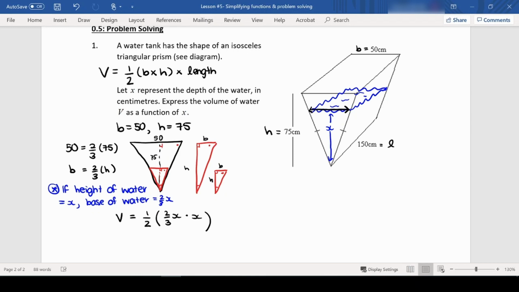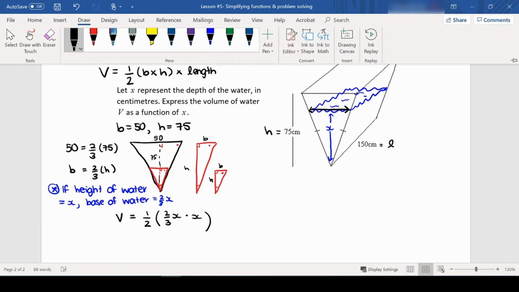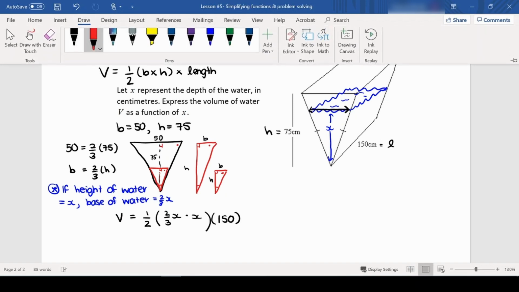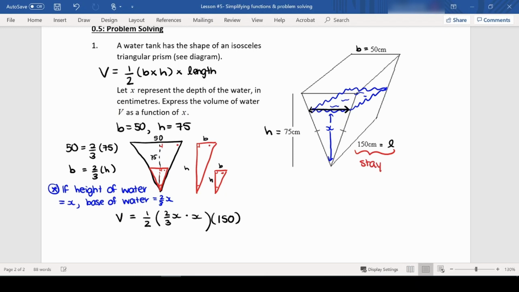My base of my water must be 2/3 of the height. And then the length of this thing stays the same no matter where I am in my tank. Okay? So this length here stays constant no matter the height of the water. The tank is not getting any shorter.